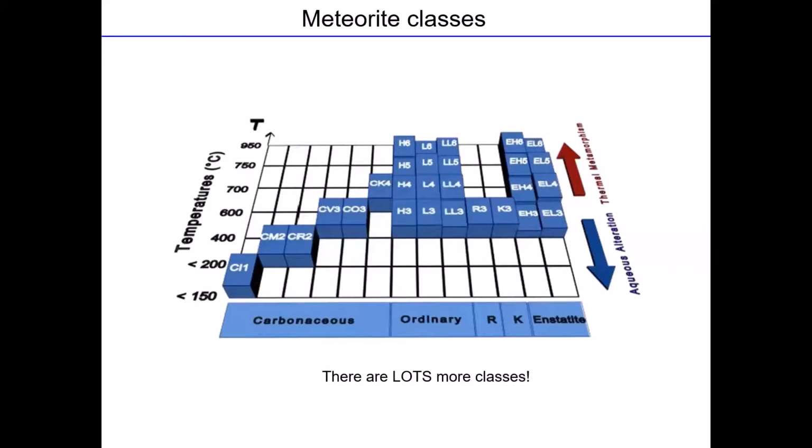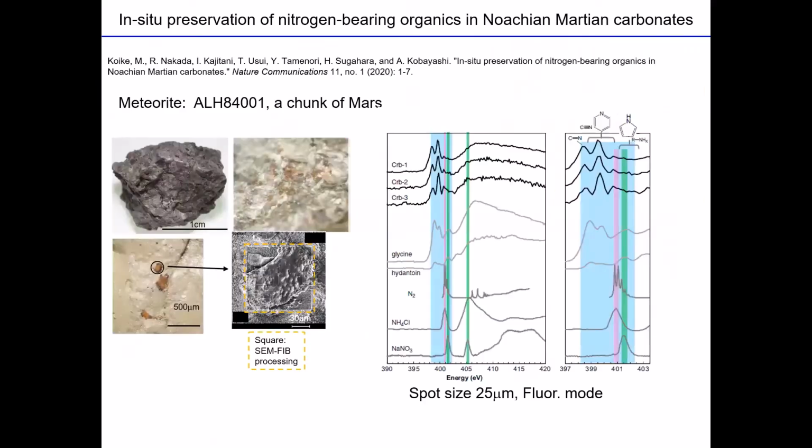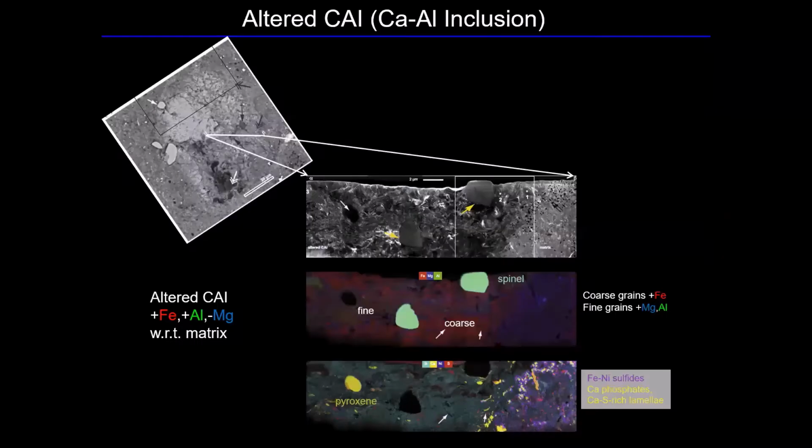Each of those has certain characteristic minerals and distributions of minerals and elemental compositions. Over the decades, they've come up with ways of trying to figure out something about what kinds of parent bodies those came from and what processes may have occurred. I'm certainly not a meteoriticist myself.